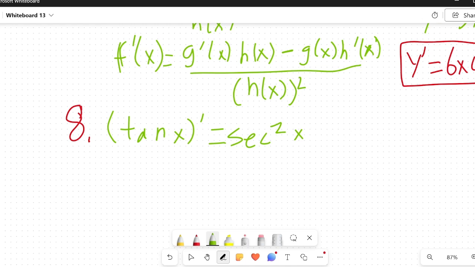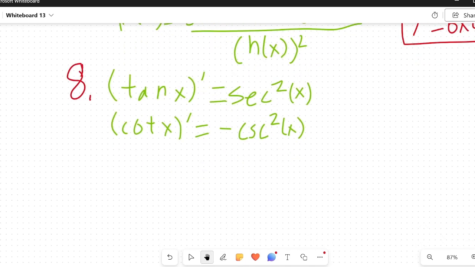And the derivative of cotangent of x equals negative CSC squared x, or in other words, negative 1 over sine squared of x. And you should already know what the secant, cotangent, and CSC or cosecant functions are from pre-calc.